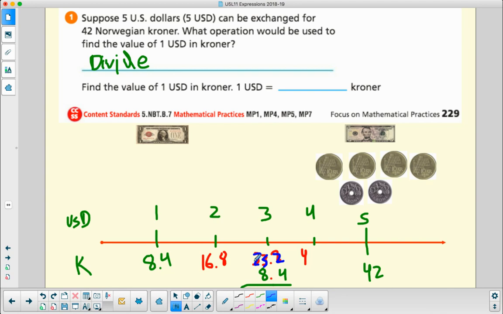Now another 8 4/10 would be 30 3 6/10. And then another 8 4/10 would be 42. So it does make sense.